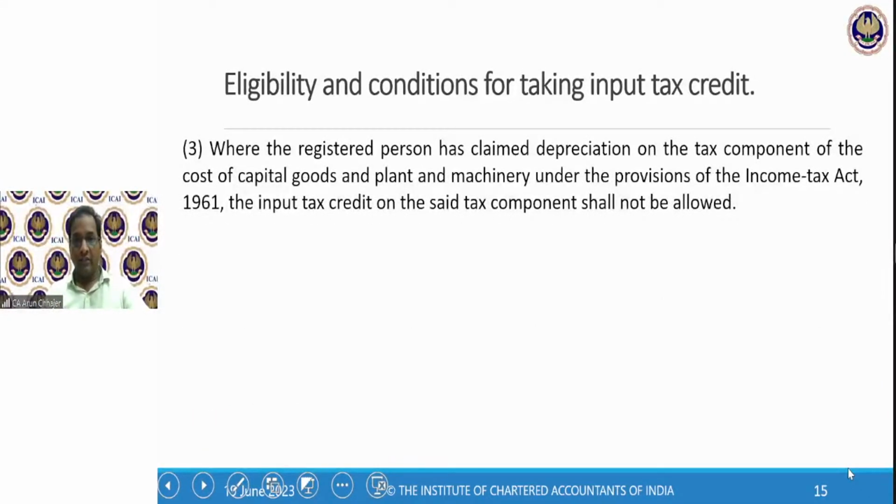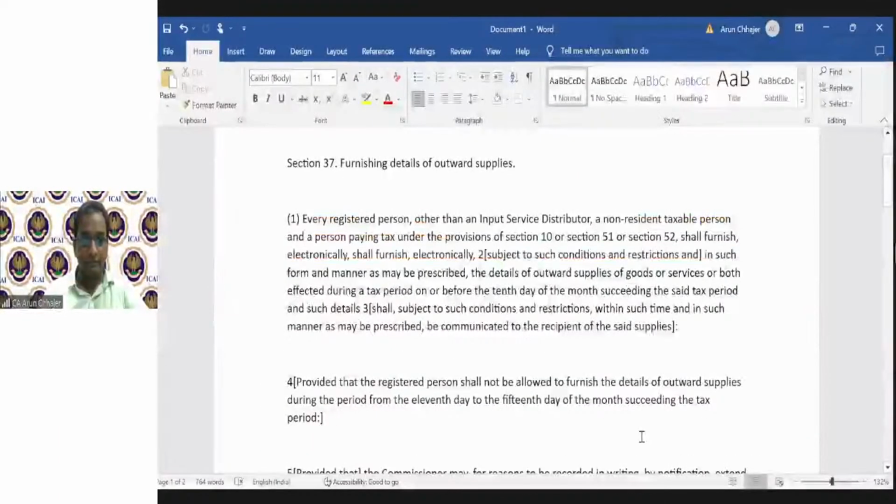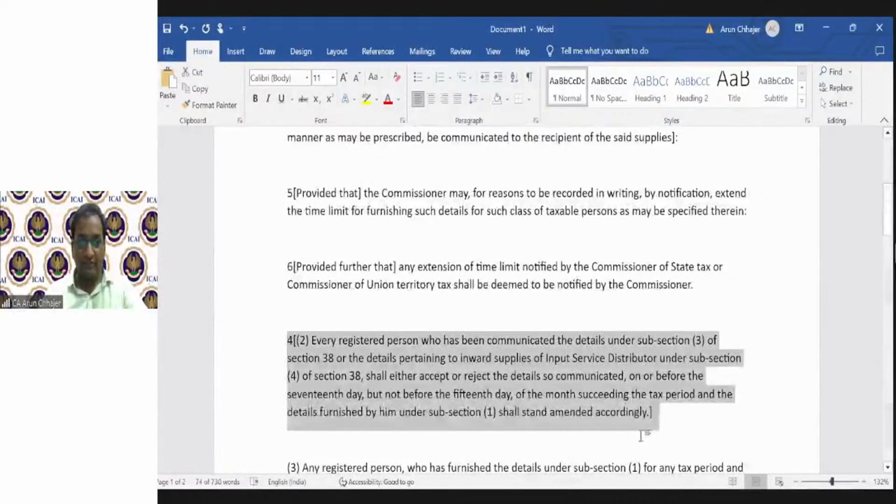Now, before moving on, let's read Rule 37 together. What is Rule 37?